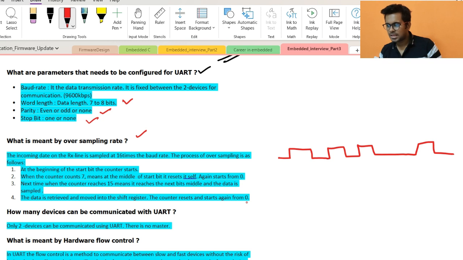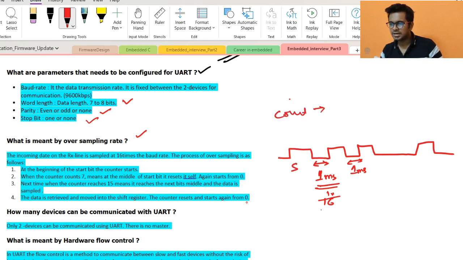Now, in order to reduce the error in reading, what happens? Suppose I said that the data will be coming after an interval of, let's say, 1 millisecond. After every 1 millisecond you need to scan the data. So what you will do, you will divide this 1 millisecond by 16. So you have very small 1/16th of a millisecond, and whenever there is a start condition, you will start a counter that will be counting at this rate.